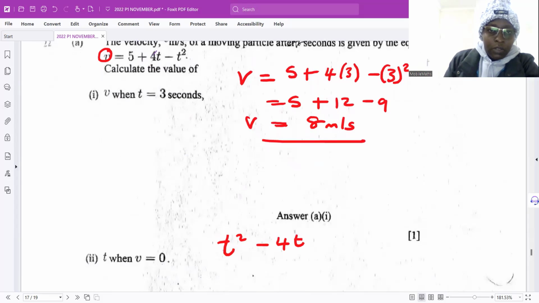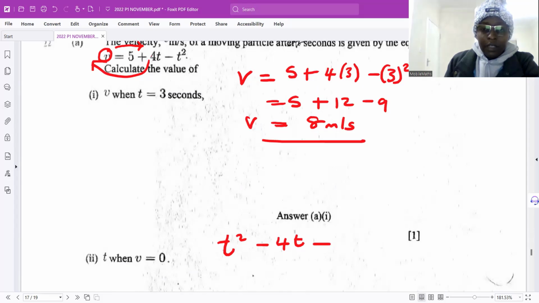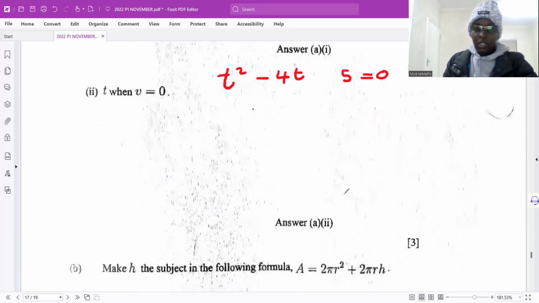I'm putting all of this on this side, and our 0 we put on this side so that I have t squared as positive. Then minus 5 is equal to 0. So let's solve this equation.